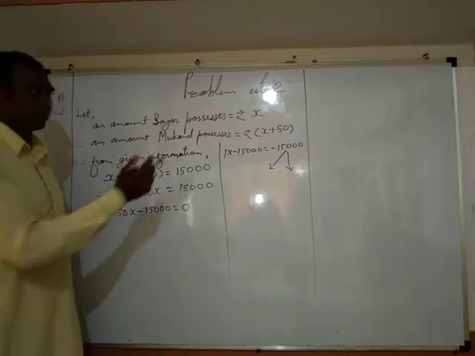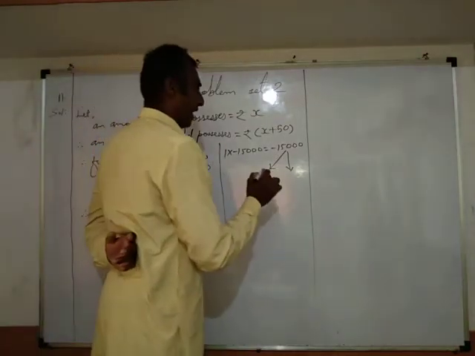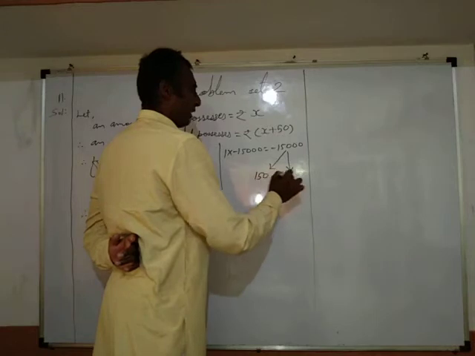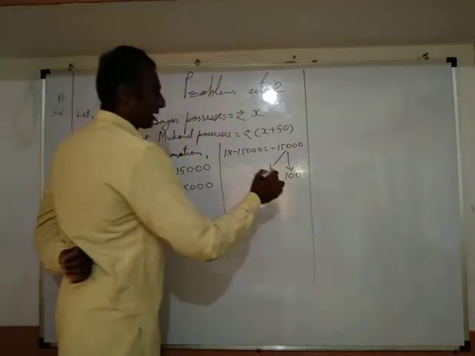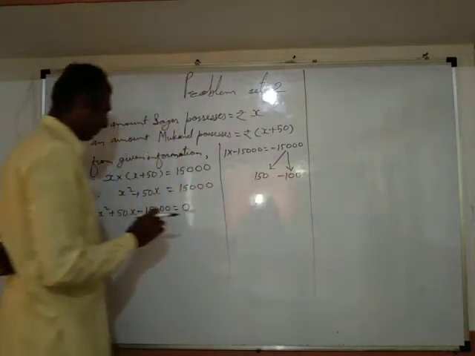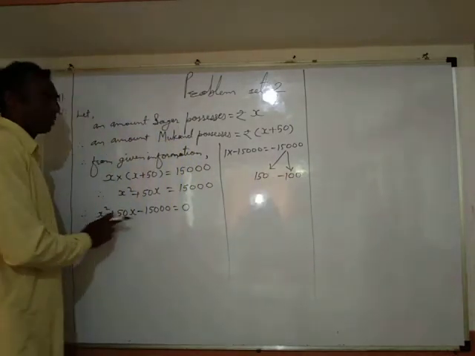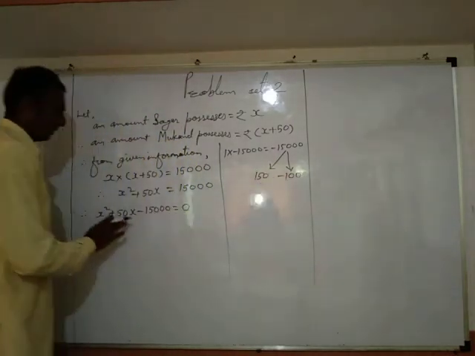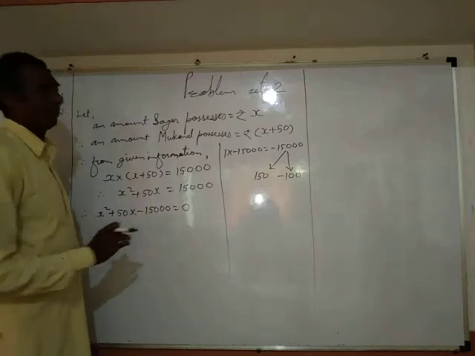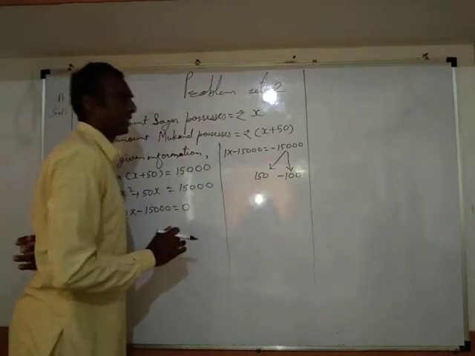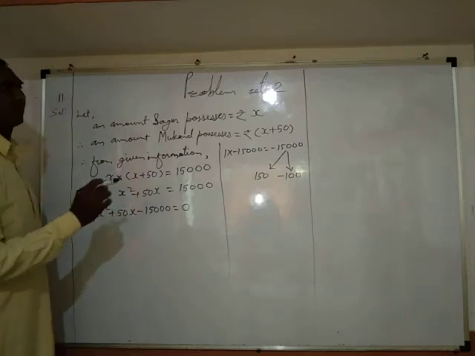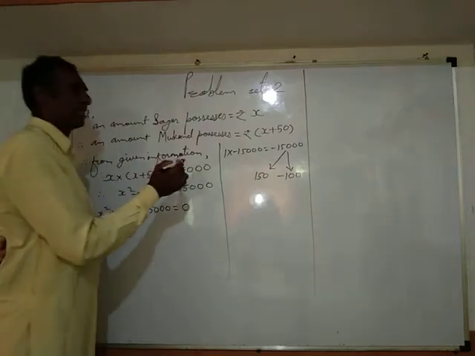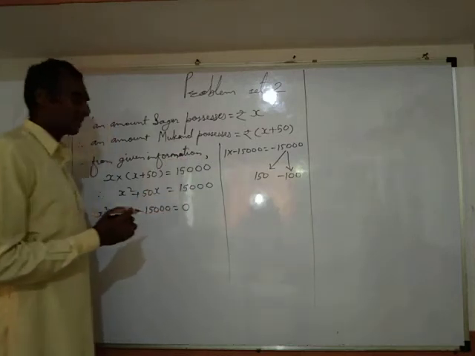Yes, of course, we may factorize 15,000 as 150 into 100, and the sign of that 100 will be negative because we want the addition of these factors to be plus 50. 150 plus minus 100 gives us plus 50. That's why we are factorizing minus 15,000 as 150 and minus 100.